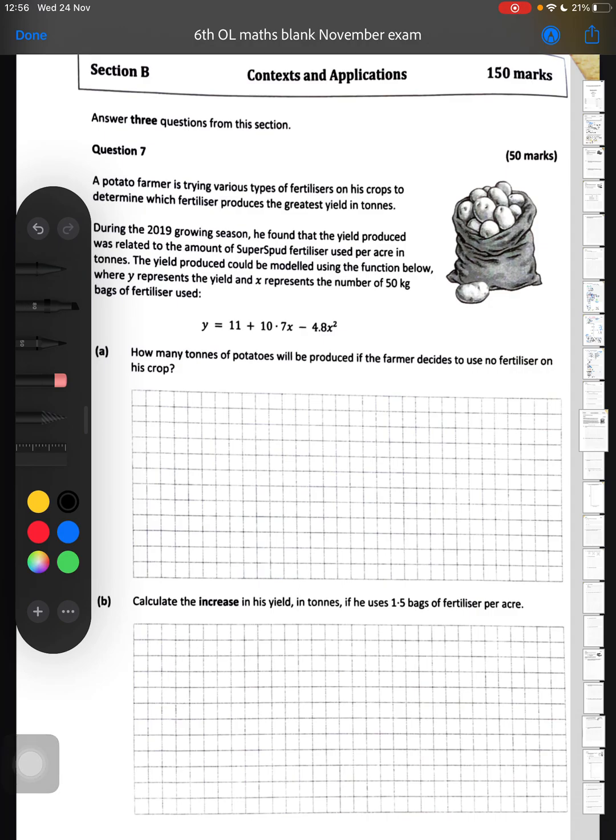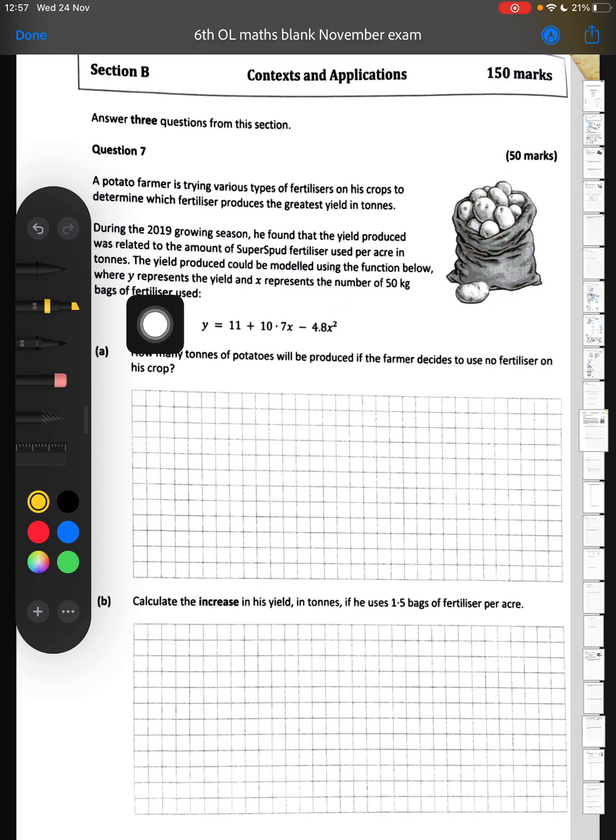So I'm going to get my highlighter out, and it says, a potato farmer is trying various types of fertilizers on his crops to determine, okay, that doesn't matter. During the 2019 growing season, well, it's nothing to do with years, so that doesn't matter. He found that the yield produced was related to the amount of super spud fertilizer used per acre in tons.